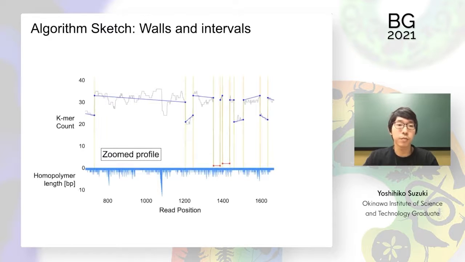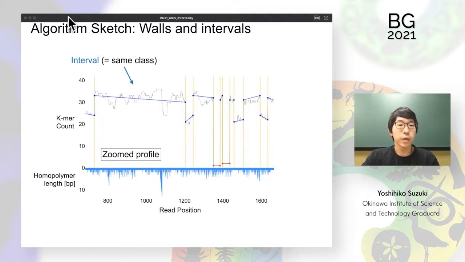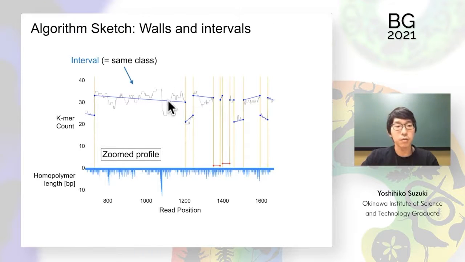So given a read profile, we first detect the segments in each of which the k-mer class is identical using the coherence principle in the previous slide, while considering the complication due to low complexity sequences. For example, we can infer that the count drop here is not because of a class change, but because of homopolymer errors in other reads, according to the homopolymer length shown in the blue histogram at the bottom.